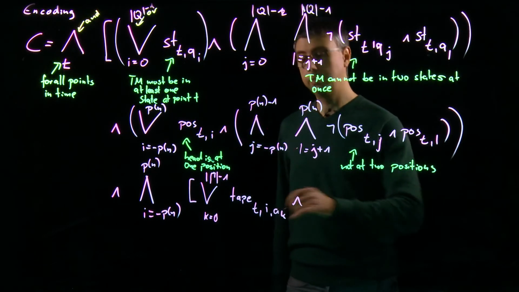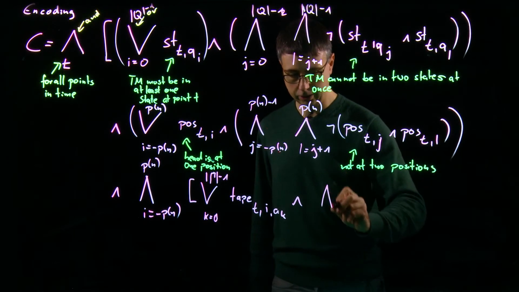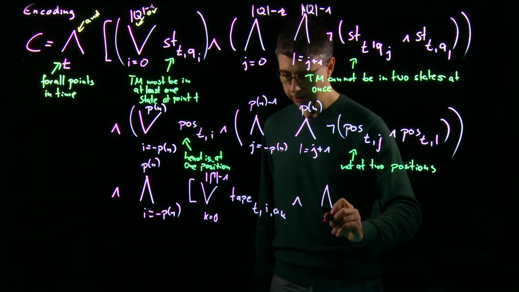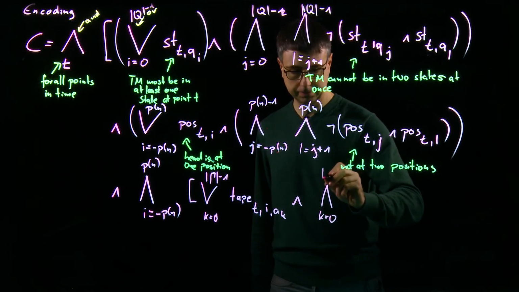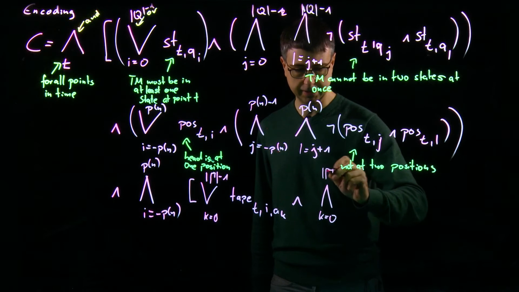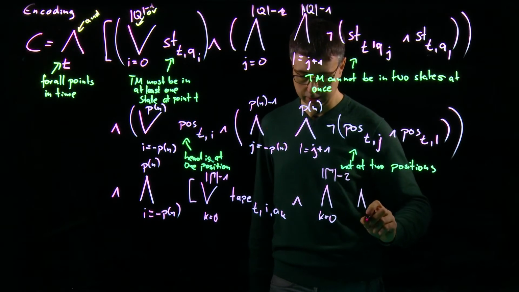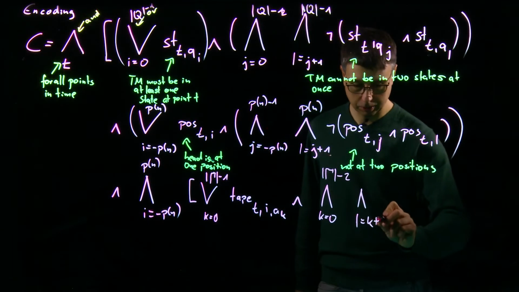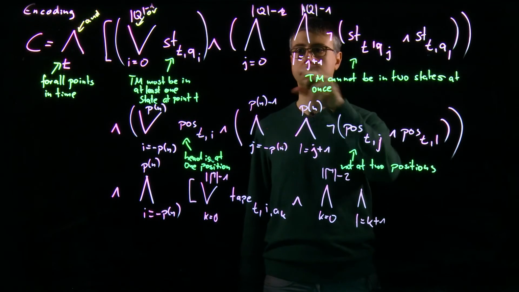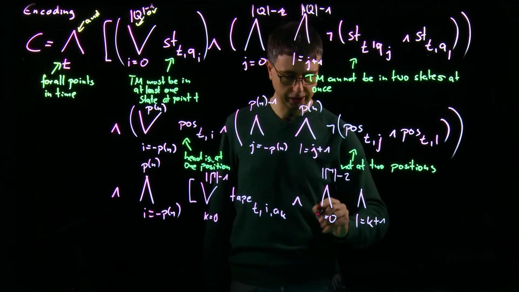And there's only one, so again we have all the others. They're not more than one. So from k equals 0 to the size of the alphabet minus 2, and l starts with k plus 1. Ah, no, it's not k, sorry. This must be, of course, a j.